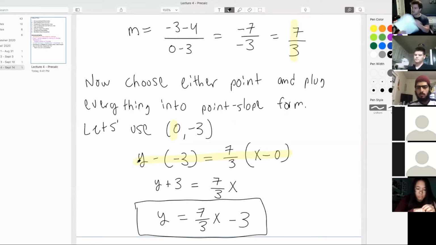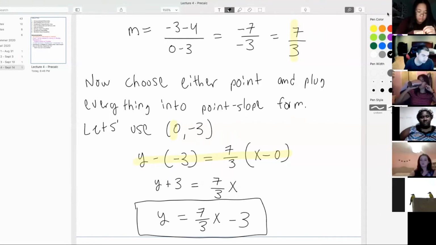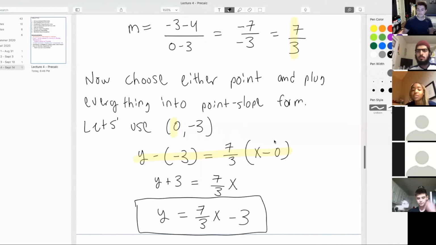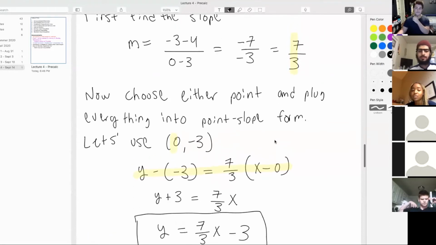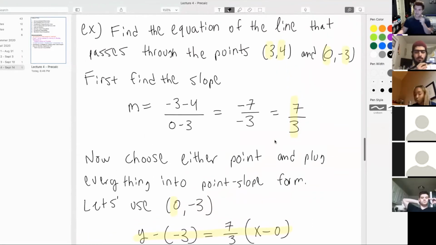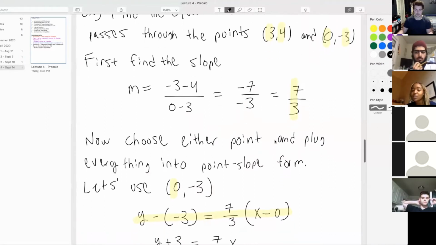All right. So any questions? I have a question. If you were to use the other one, the 3, 4? The 7/3 times 4, what would that come to?